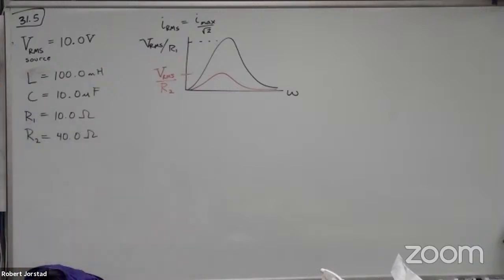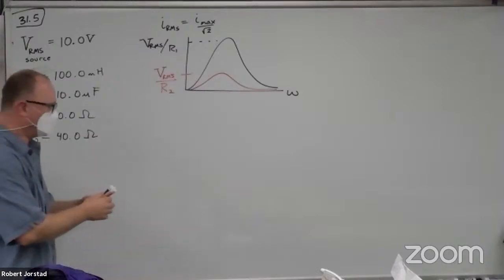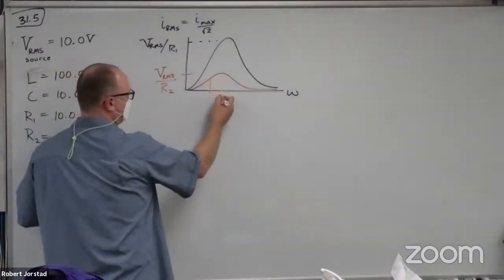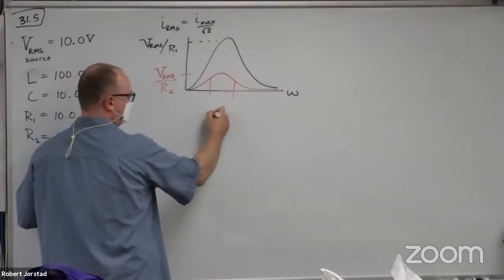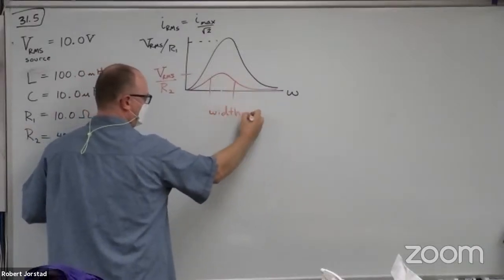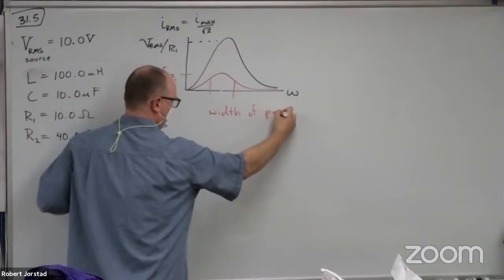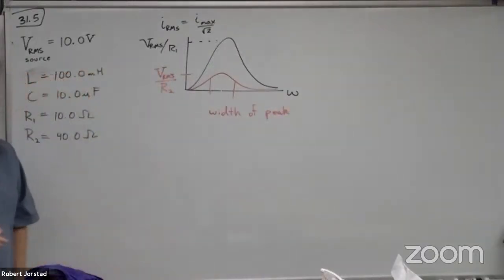Now there's one final attribute which I have not yet discussed. It's called the width of the peak. It would be nice if we had some way to characterize this width. There are many different ways to describe this.